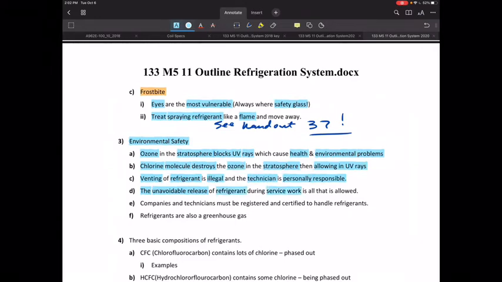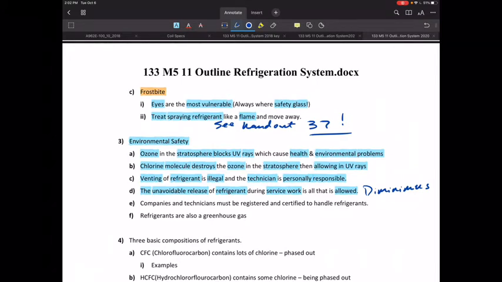That's allowed, but it's called an unavoidable release. You couldn't help it. We often use a term in our industry called de minimis release, a minimum amount of release that can happen. I don't know, hopefully I spelled that correctly.